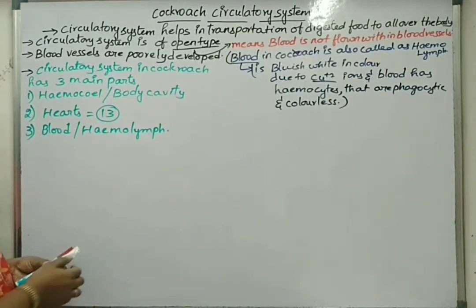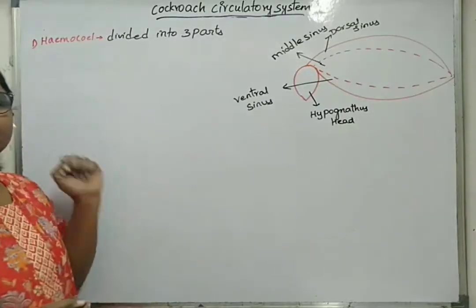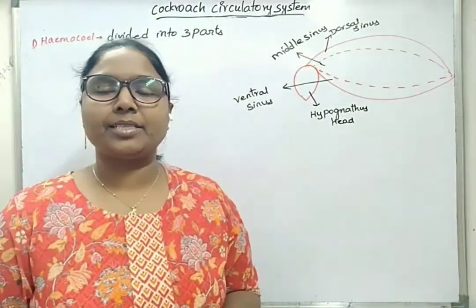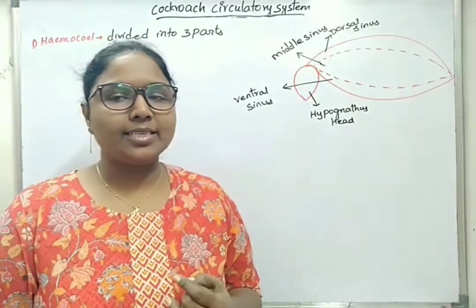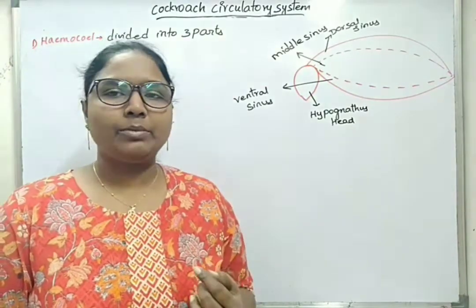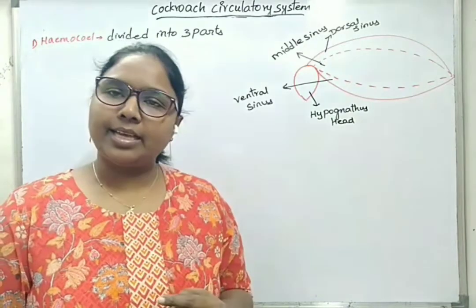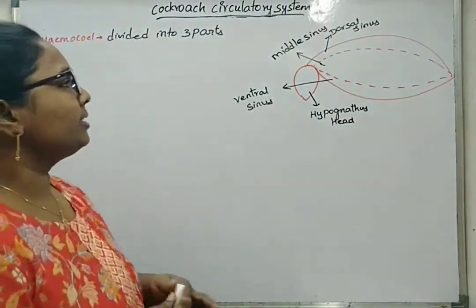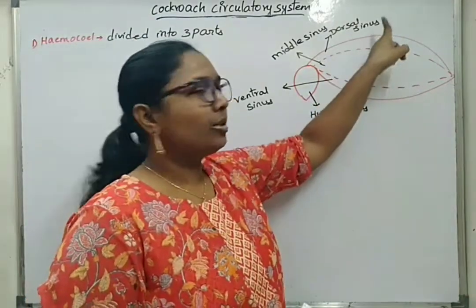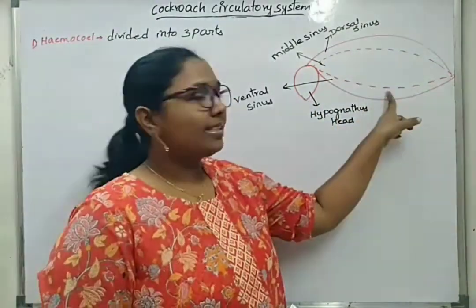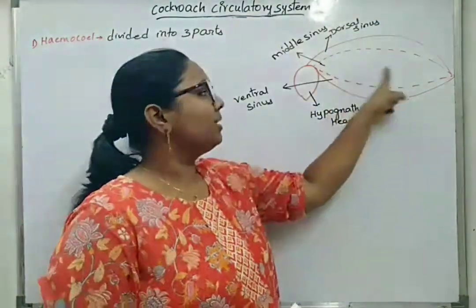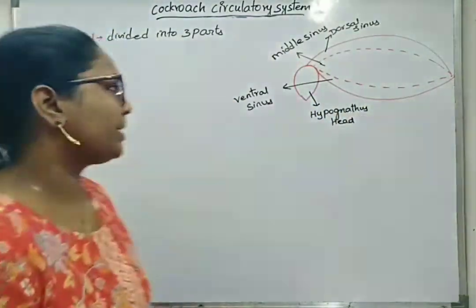We'll start with the first, hemocoel. Hemocoel is again divided into three parts. We already have seen the circulatory system is divided into three parts: hemocoel, blood, and hearts. Hemocoel is divided into three parts: dorsal sinus on the dorsal tergum side, ventral sinus on the sternal side, and middle sinus in the middle region where visceral organs are present.